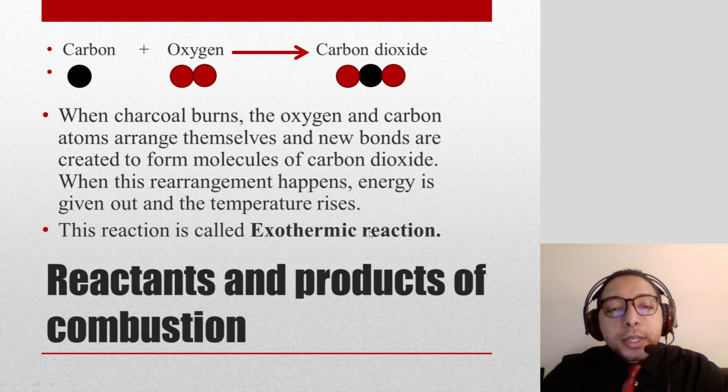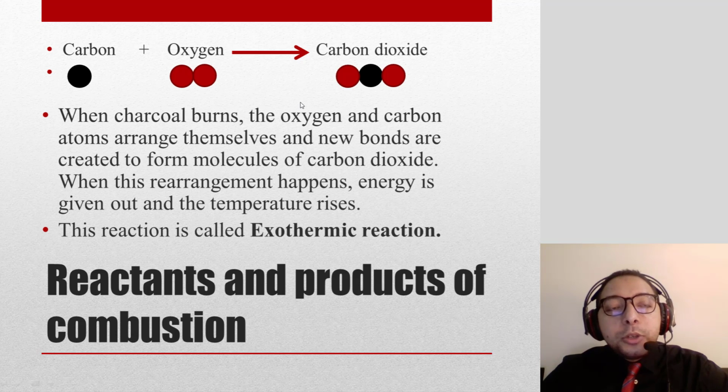That's an exothermic reaction. In this reaction, we can state that carbon along with oxygen are called reactants, because they are found before the arrow. On the other hand, carbon dioxide is found after the arrow, so carbon dioxide is called the product.